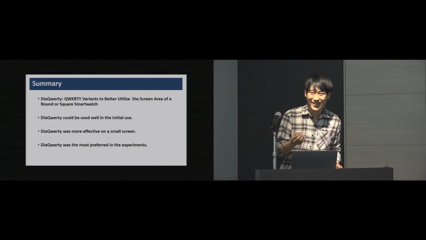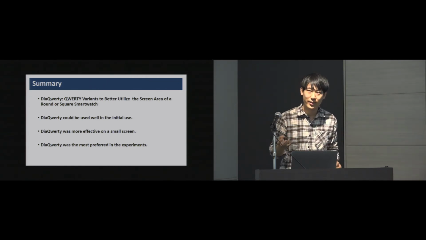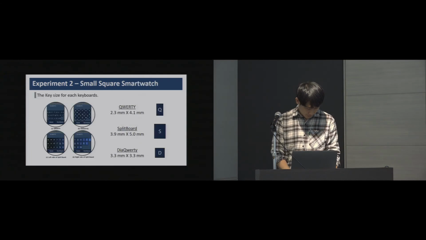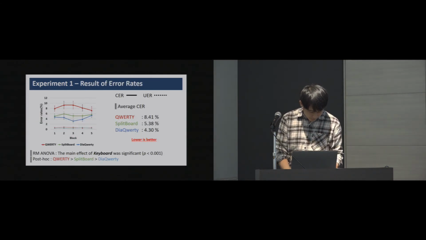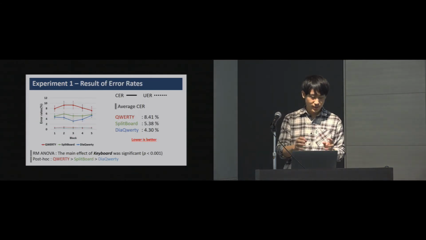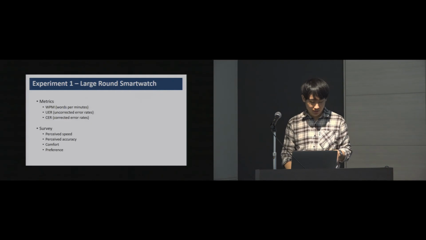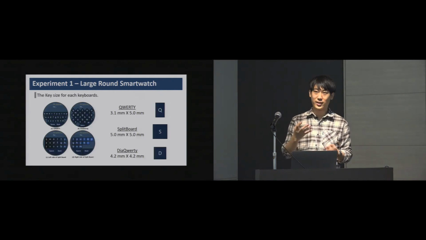Why was the error rate of DiaQwerty smallest in experiment 1? Why is DiaQwerty smaller than SplitBoard, even if DiaQwerty has a larger key size?